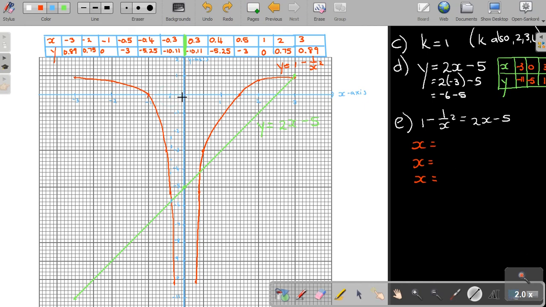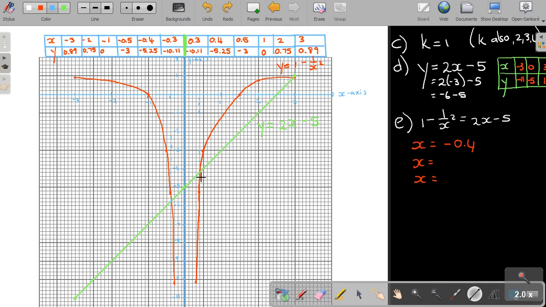And it's 0.1234, so it looks like in this case, negative 0.4. And if I take this one, it cuts, and then this one is 0.4.